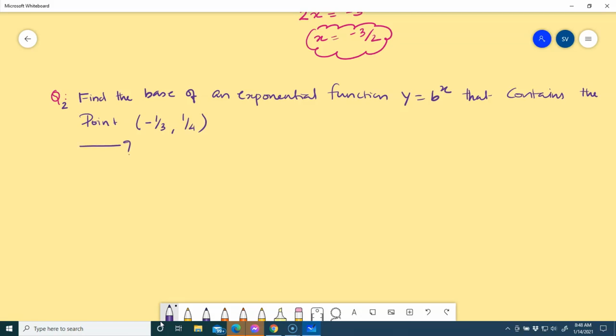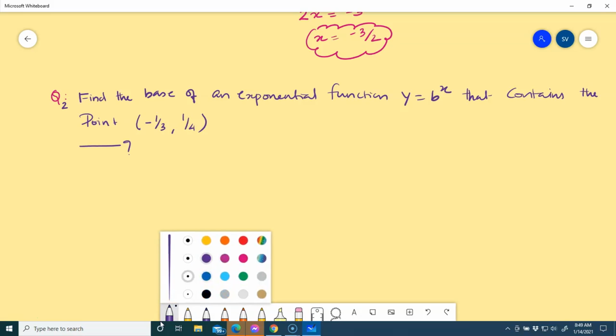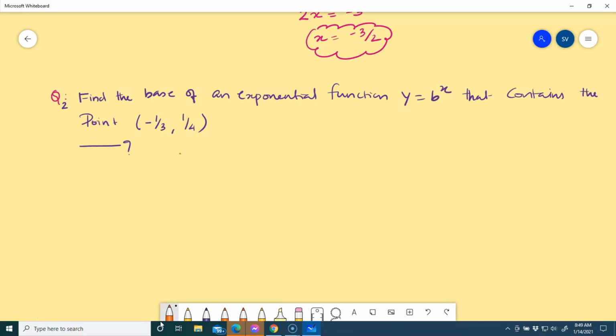Okay, so we can use some strategy that we used in the previous problem here too. So we have the function here, y is equal to b to the power x, and it is given that it contains the point negative 1/3 and 1/4. Okay, we have the required information.